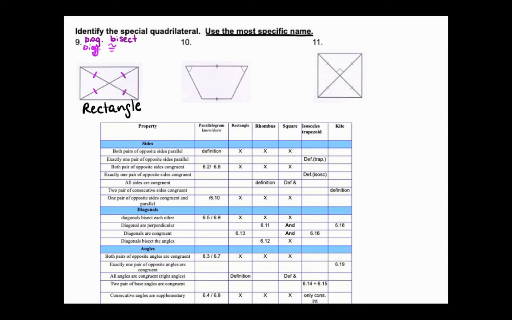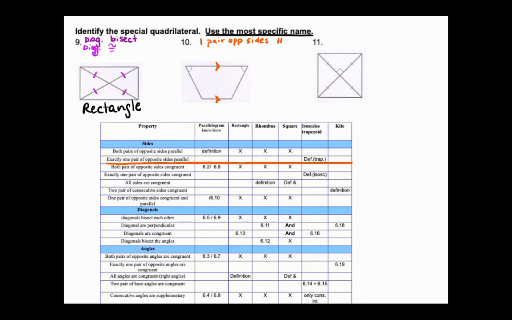In the next problem, we have one pair of opposite sides parallel. So one pair of opposite sides being parallel.